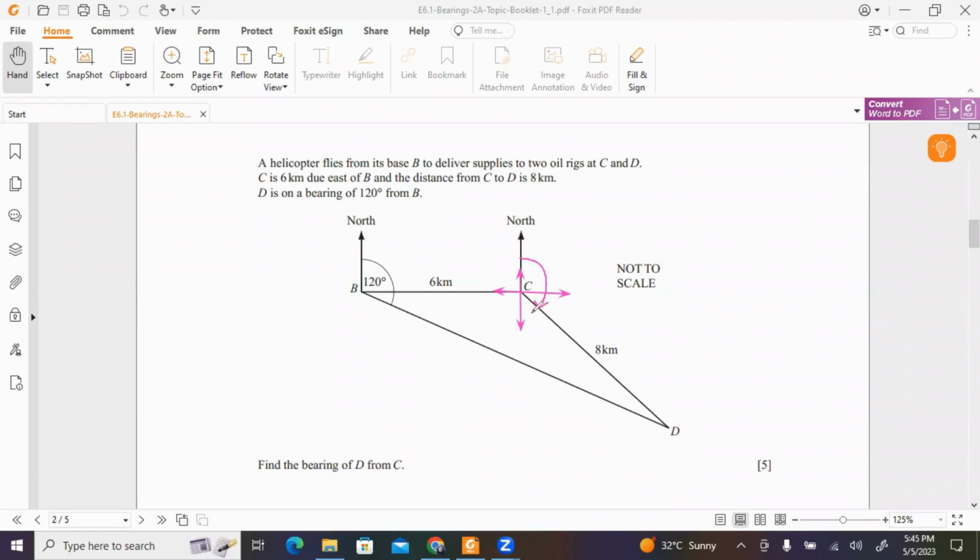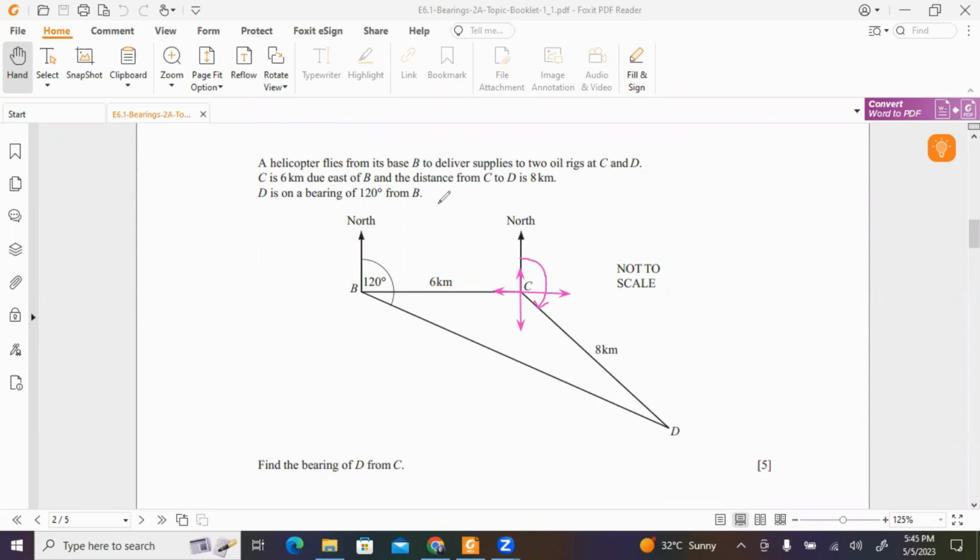In order to find this angle, we need the angle inside the triangle, because obviously we don't have any other angle, and the 120 cannot be used in this case because there are no alternate angles over here, since there is no other line going from C in the left-hand direction. So it's ideal that we try to find the angle inside the triangle.